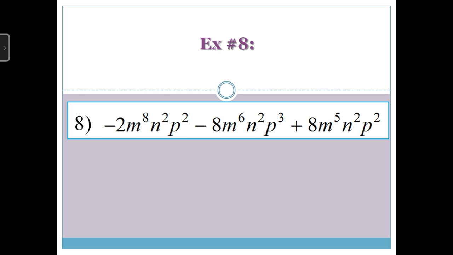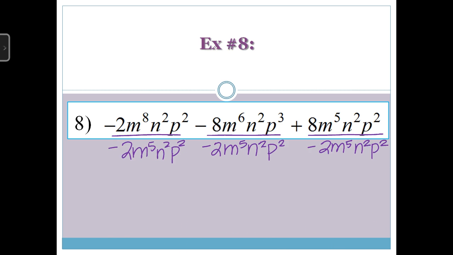Okay, there are a lot of them. What'd you get for the GCF? Well, first negative 2, m to the 5th, n squared, p squared. Okay, so divide each one of those out.